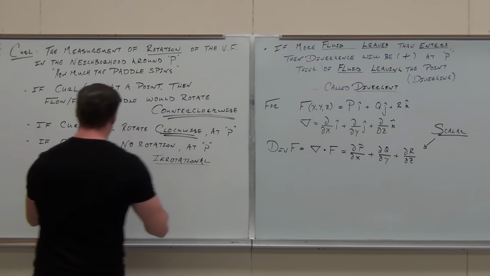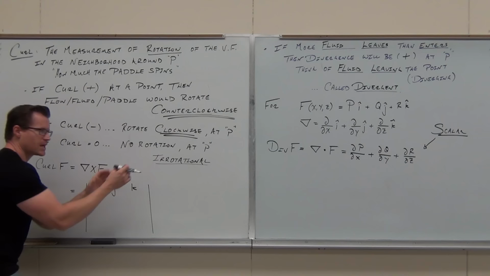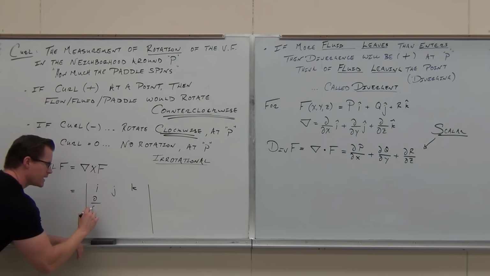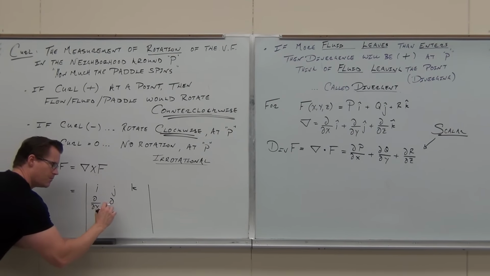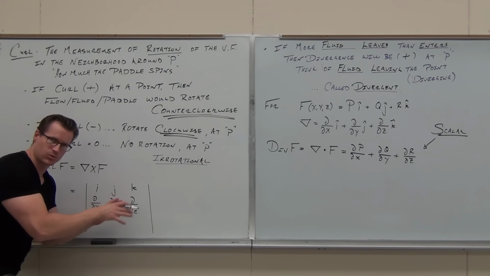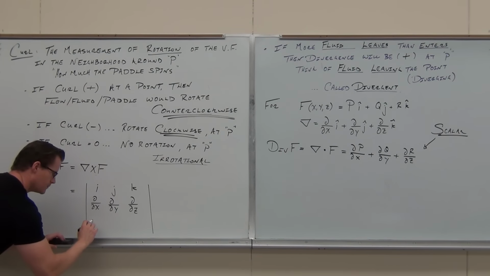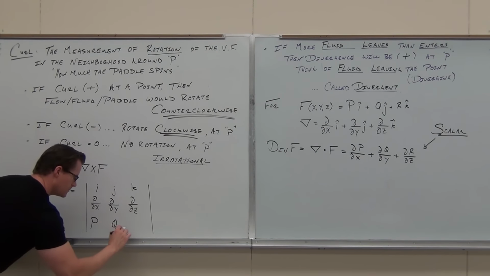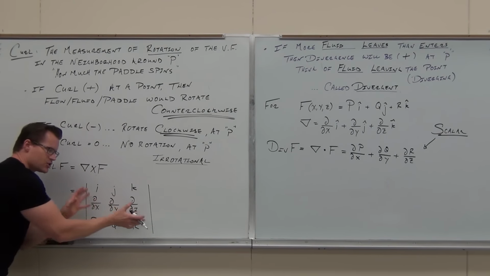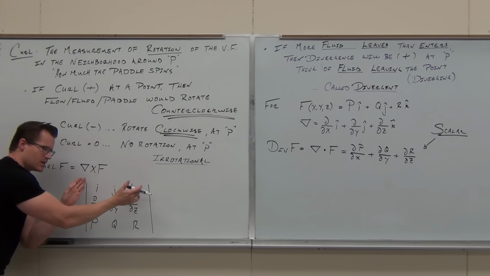So when we do curl F, and we're doing del cross F, we're doing a partial with respect to X, a partial with respect to Y, and a partial with respect to Z of whatever those guys hit. What's going to go down here? P, Q, and R. We don't need the i's, j's, and k's here because this takes care of the i's, j's, and k's.